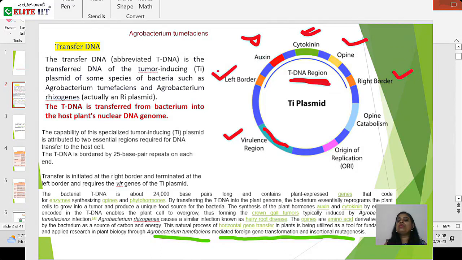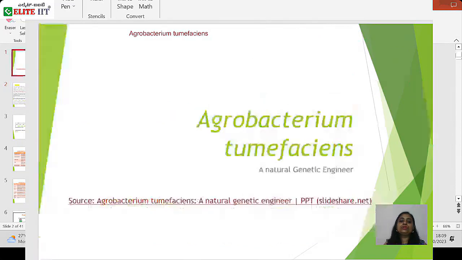So there will be overproduction of these two growth hormones, and due to this overproduction, there will be tumor formation in the plant. That is known as crown gall tumors, caused by Agrobacterium tumefaciens.